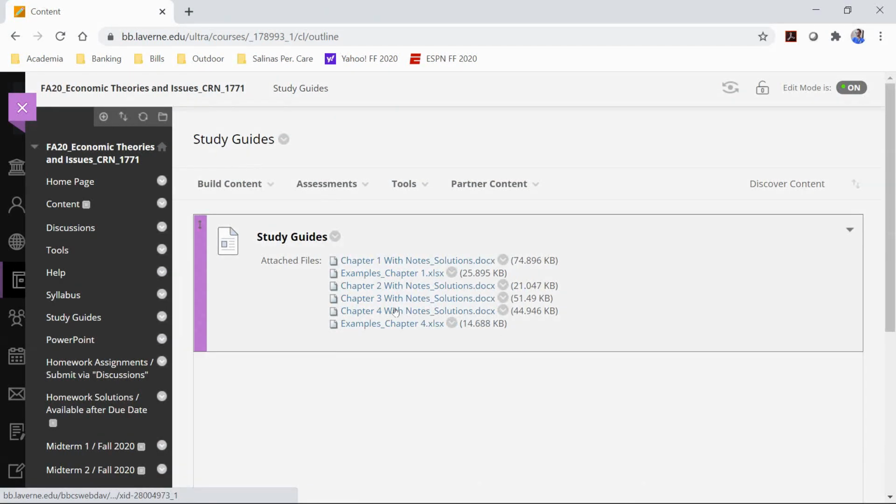Okay, so you can open up the chapter 4 study guide and the example file.